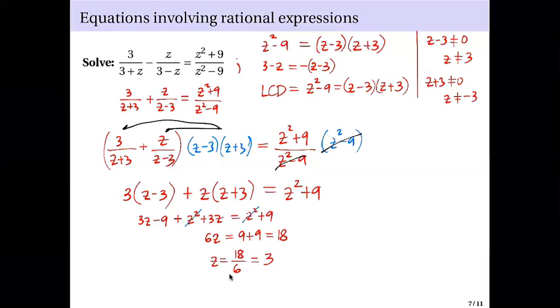But after our computation here, we ended up with z equals 3. So there will be no solution. But let me write it here. But z cannot be 3. So there is no solution.